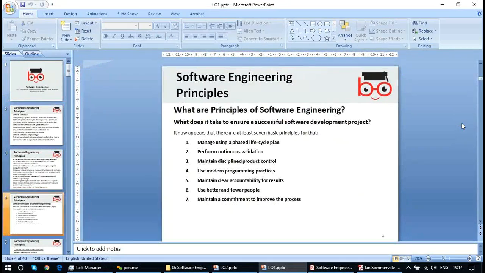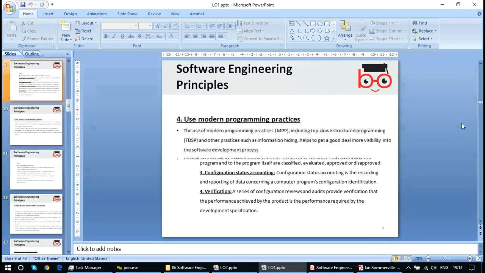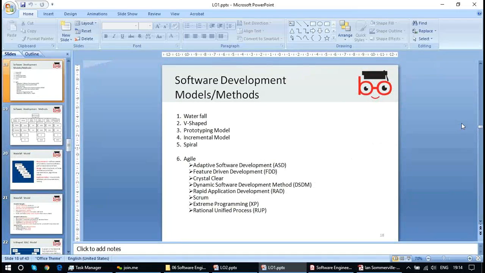It started with the principles of software engineering, then we came to software development methods. We gave a classification from the waterfall model, V-shape, and prototype modeling as the traditional ones, and the agile one was considered an approach which has the conventional steps, but the sequence is not fixed.